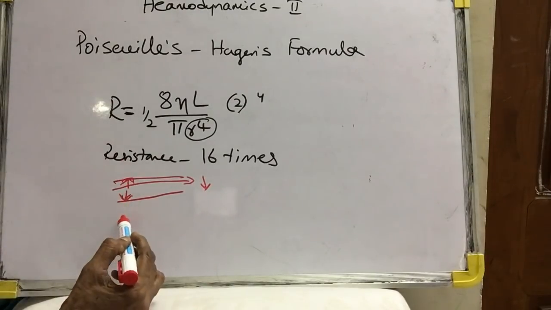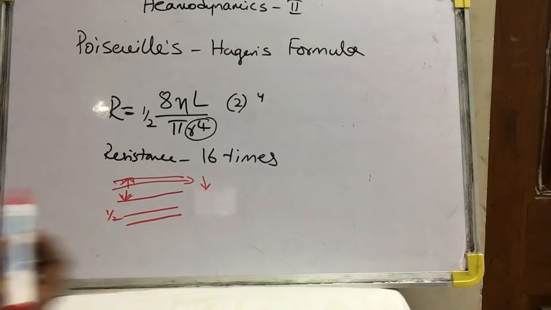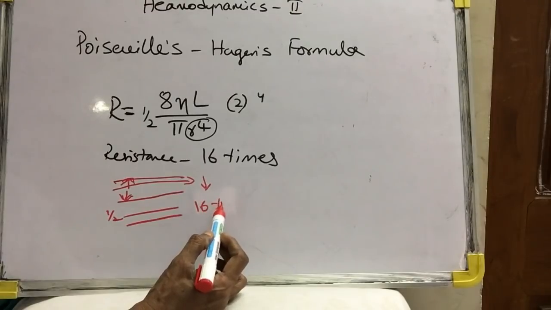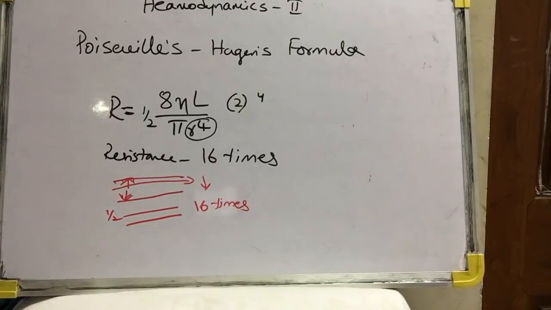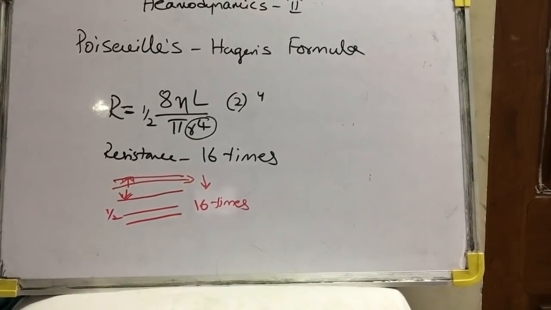If the blood vessel is reduced to half of its size, then the resistance is increased to 16 times. So this is how the resistance changes with the radius of the vessel wall. So this is about the Poiseuille-Hagen formula.